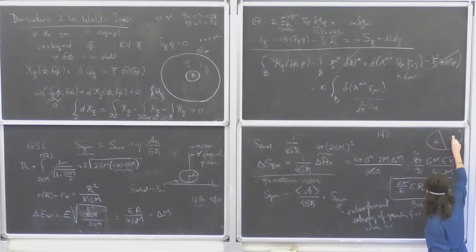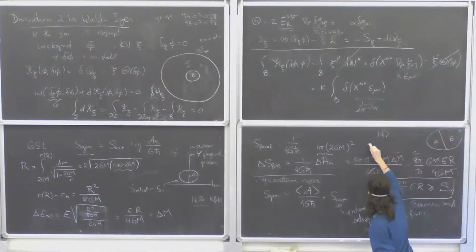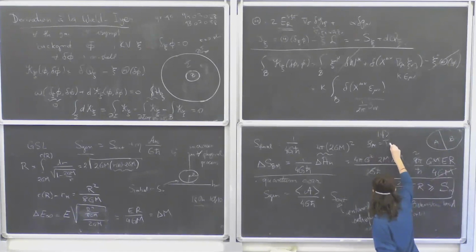So you split this into A and B. You're assuming that the Hilbert space splits into a factor associated to region A and a factor associated to region B. And then you want to define the reduced density matrix of A as the trace over B of the total density matrix, which in this case is a pure state.